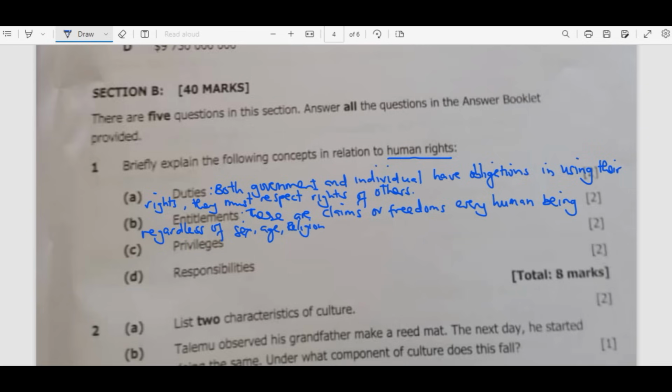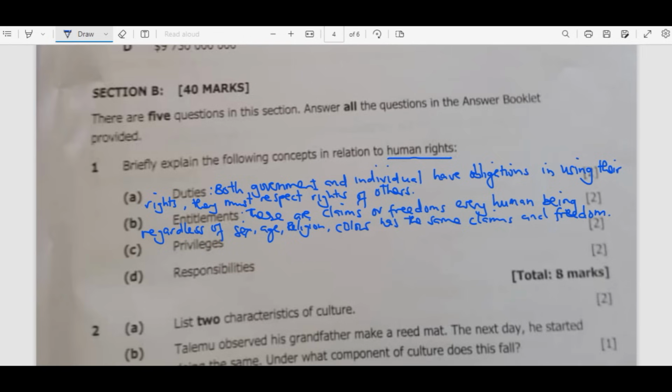And then not only that, we can put also color, and then we can put also ethnicity. So regardless of sex, age, religion, color, everyone has the same claims and freedom. So regardless of who you are, the entitlements are the same.